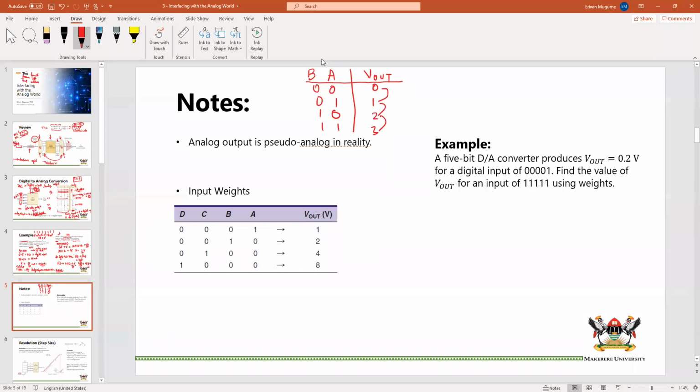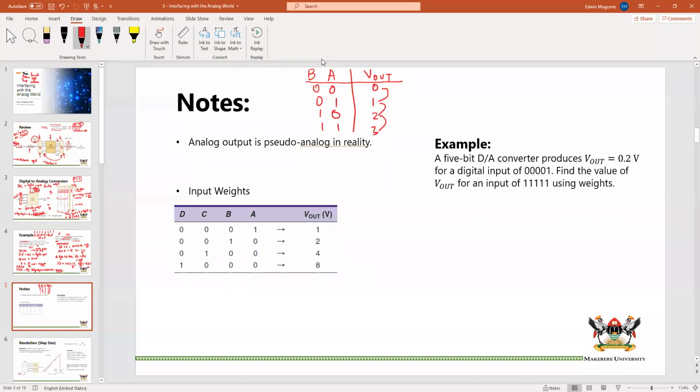We are going to look at some ways of making the signal on the output as close to actual analog as possible. There are some mechanisms, but it's better to refer to this signal as pseudo analog. A pseudo analog is something that seems like analog, but is not quite analog.